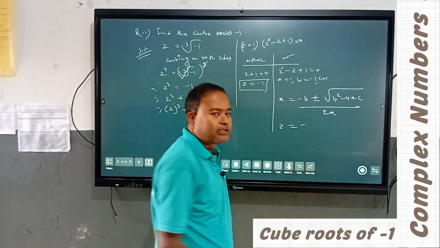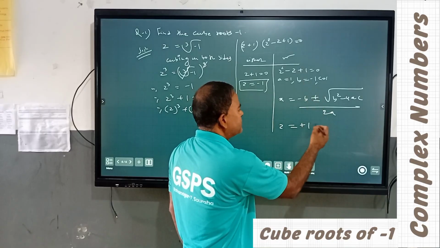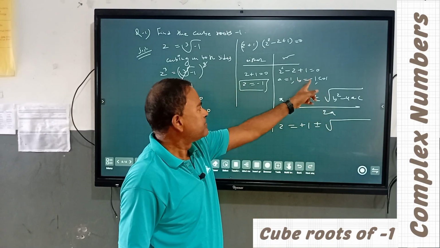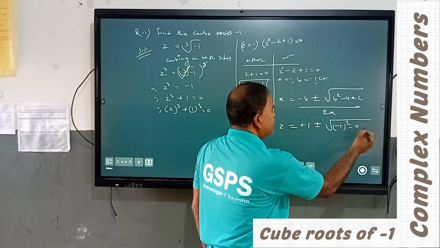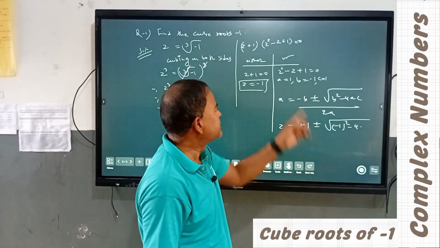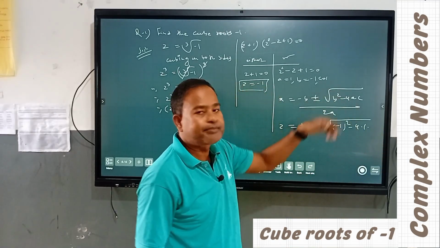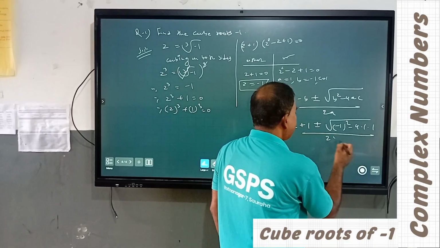So let's put in the values. The value of b is -1, so minus b gives +1, plus minus root b square, which is -1 square, minus 4ac.